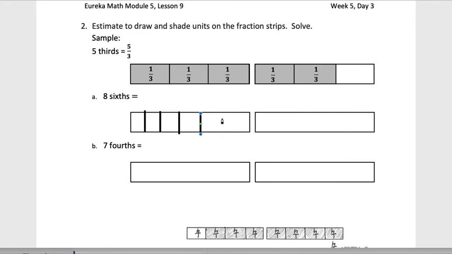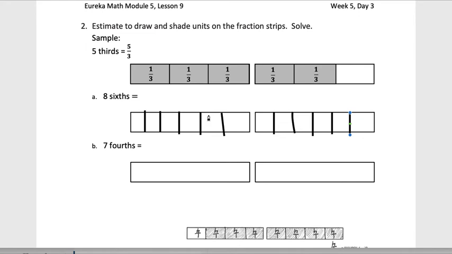3, 4, 5, and then I have 1, 2, 3. Okay, so you can see my lines are not perfect. Just try your best.